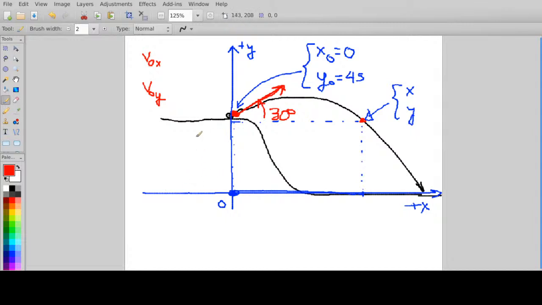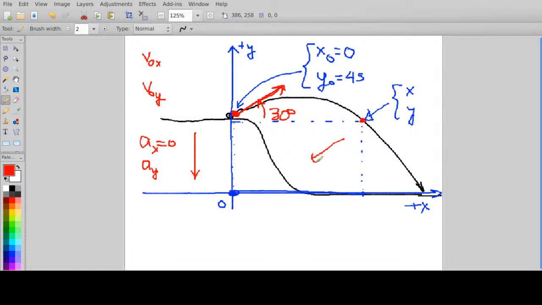And then the acceleration, that one's a little easier because it's straight down. It does have an x component and a y component, but the x component is 0 because it's straight down. If the acceleration were downwards but a little bit to the right, then it would have a little bit of an x component.